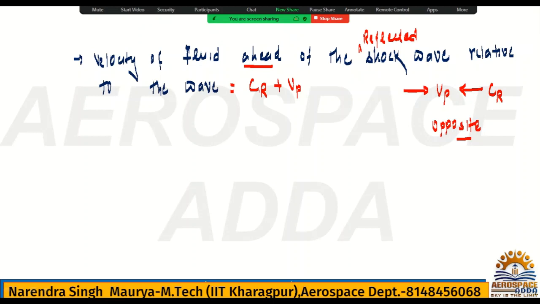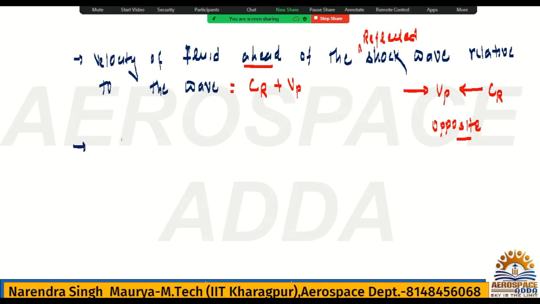Just like the previous moving shock, where piston speed and shock speed behind the shock were taken as Cs minus Vp. But here, because both are coming opposite, because after reflection it is coming just opposite, hence it is Cr plus Vp. This one you need to remember. This is very important.